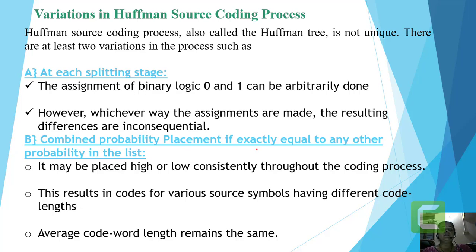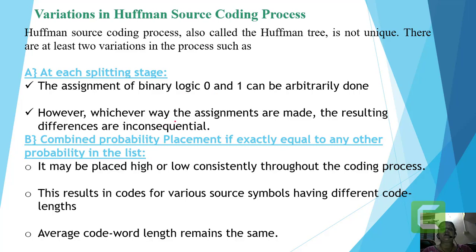in the given list. So at each splitting stage, either I can assign the given probabilities with 0 and 1 or 1 and 0. So each individual encoder may do this task arbitrarily.